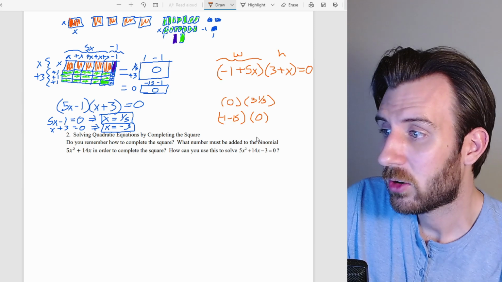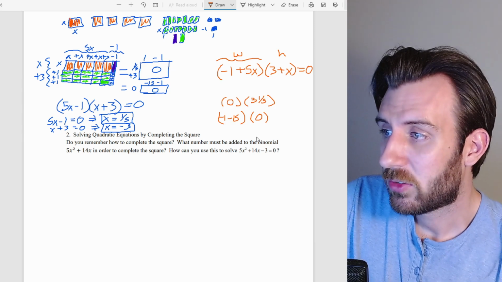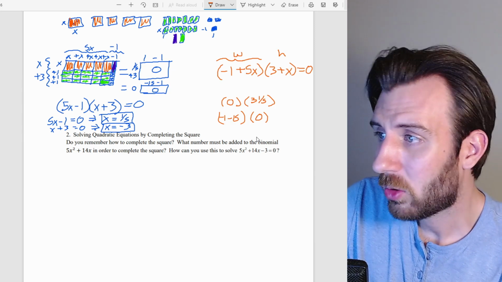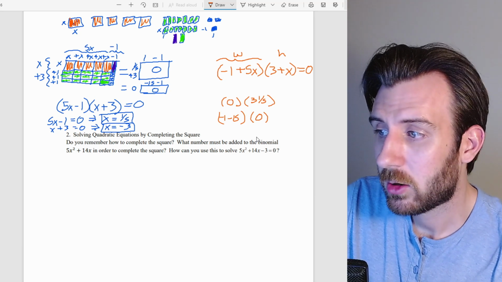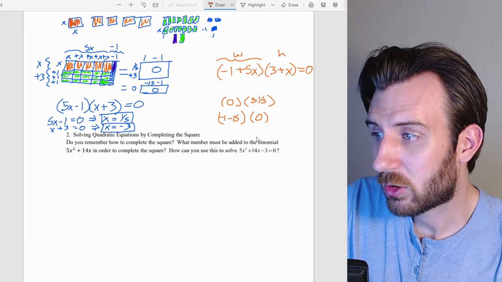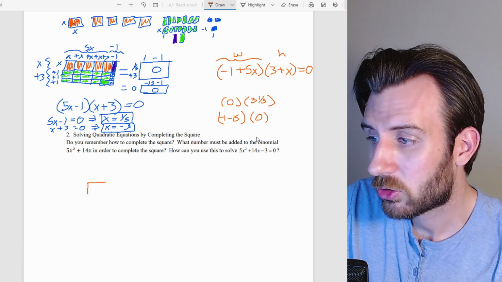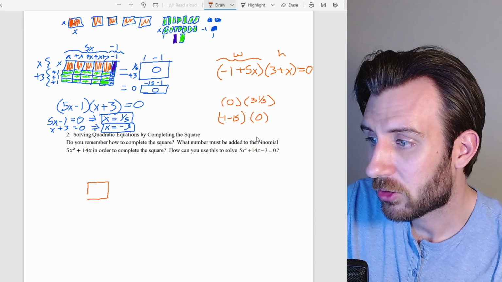So the first thing first, I'm looking at those 5x squared like I had those up at the top in the orange there, and I'm going, that's going to be pretty difficult to look at like it's in a square. I can't really organize all of those as if they're in a square. I wish I had just one square. That would be a much easier place to start with.